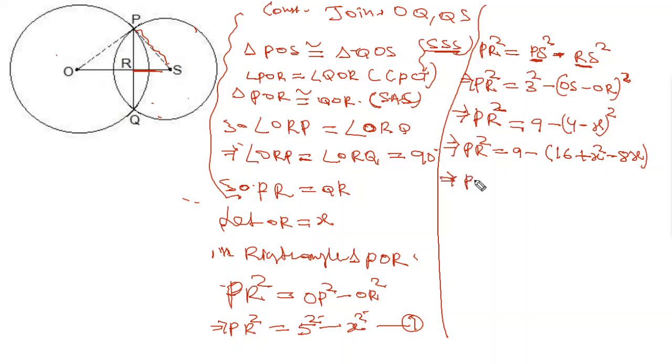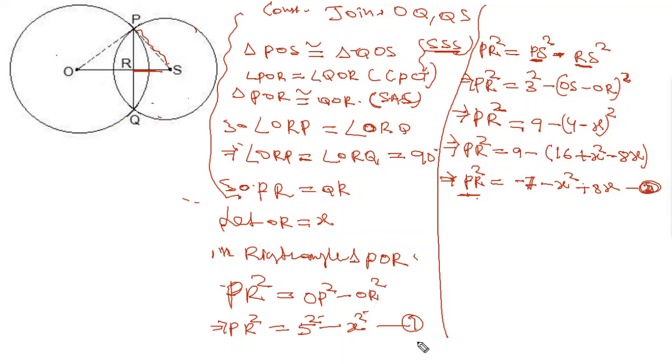Implies PR square is equal to 9 minus 16, which is minus 7, now leave the bracket also, so minus X square plus 8X. Write it as statement 2.